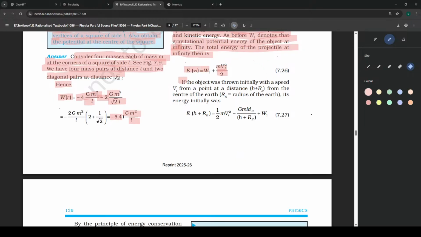If the object was thrown initially with a speed of v initial from a point h plus R_E from the center of the earth, R_E is the radius of the earth, its energy was E(h + R_E) = half m v_i squared minus G M_E m by (h plus R_E) plus W1.